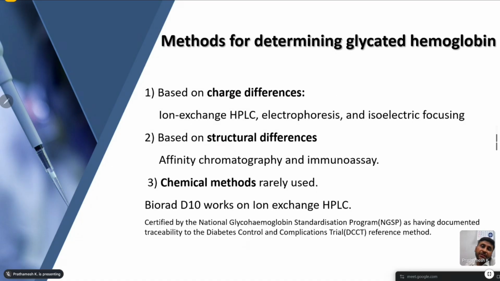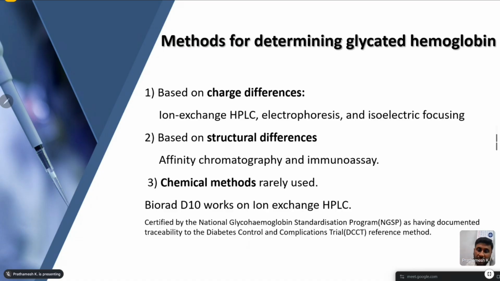What are the different methods of determining glycated hemoglobin? One, which we are going to discuss today, is based on charge differences: ion exchange HPLC. The others are electrophoresis and isoelectric focusing. Based on structural differences, you have affinity chromatography and immunoassay. Chemical methods are rarely used nowadays.